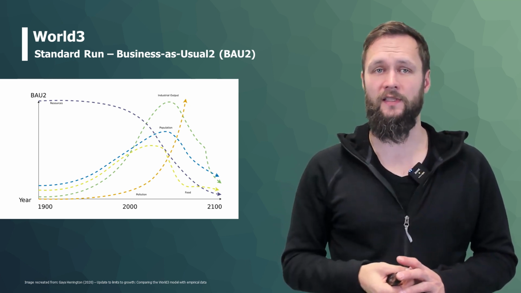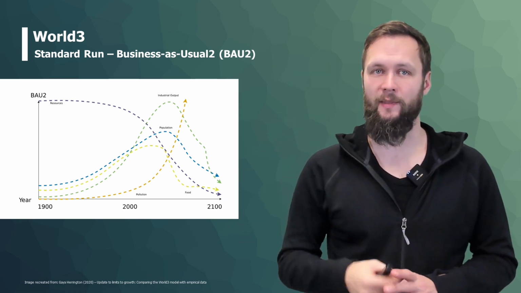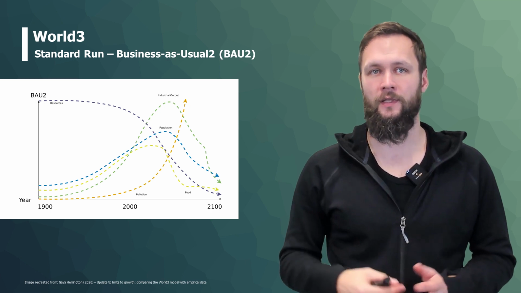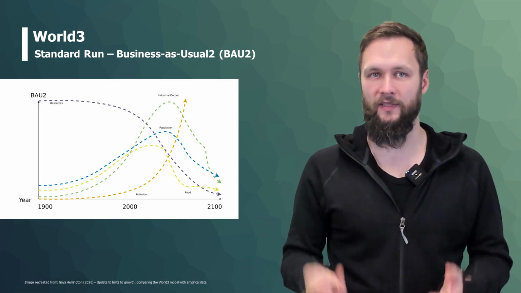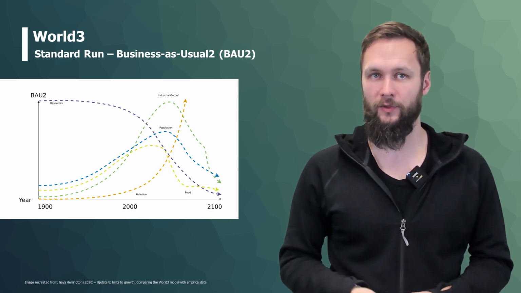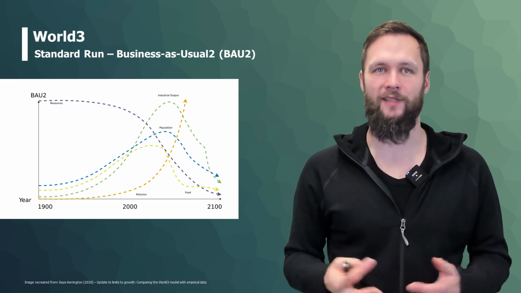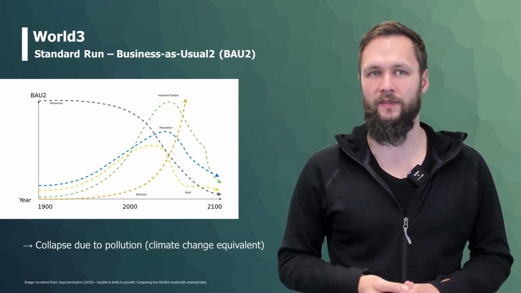And what you can also see is that there is no peak to pollution anymore, after which it suddenly drops. Pollution is going through the roof. You have so many resources that you use to increase output of the industry so much and increase the population so much that the pollution that you cause is just unbearable, which then causes a collapse of the system.